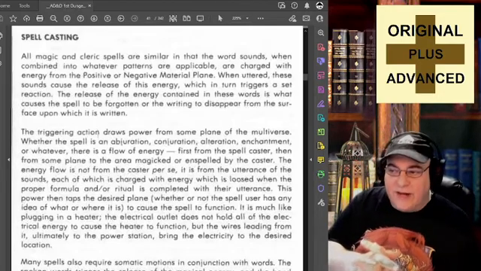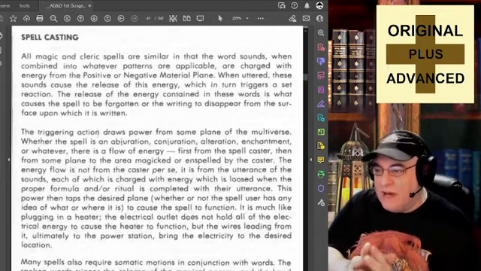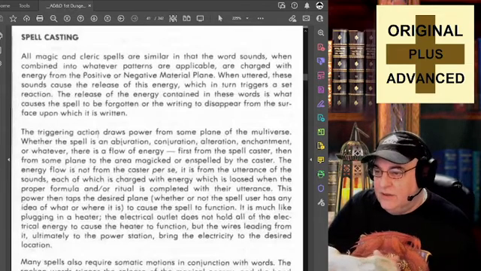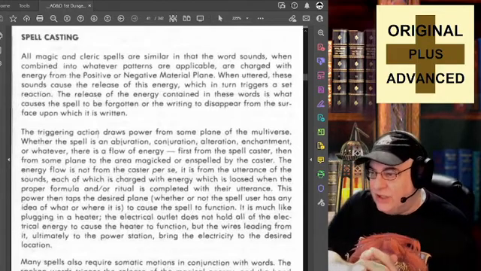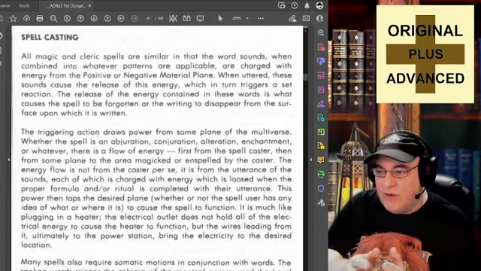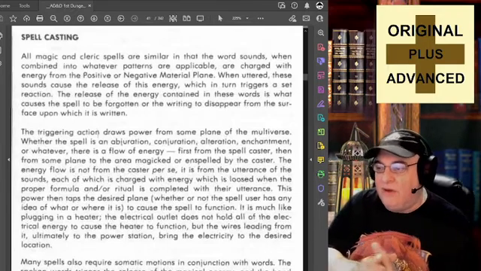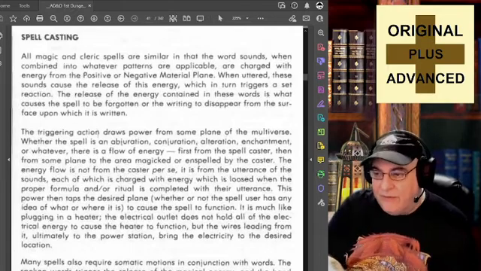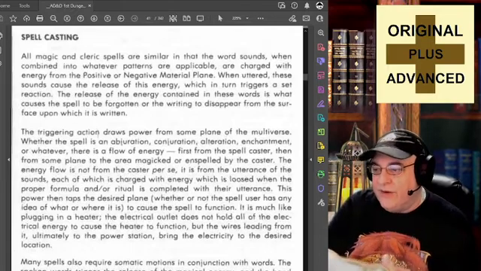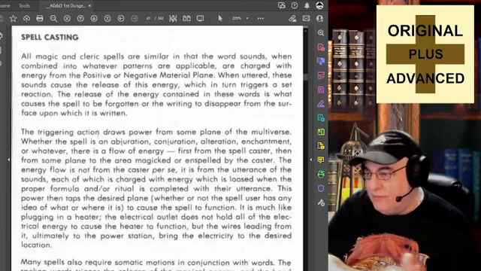The triggering action draws power from some plane of the multiverse. Whether the spell is an abjuration, conjuration, alteration, enchantment, or whatever, there is a flow of energy, first from the spellcaster, then from some plane to the area magicked or enspelled by the caster.